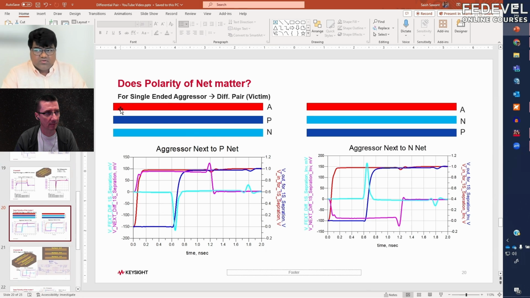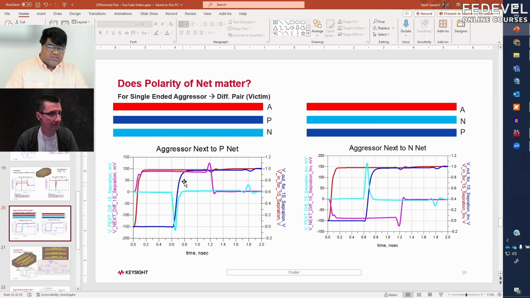Your red is that aggressor, the culprit, and you see a P and an N, the calm, quiet blue lines here. And what happens if the polarity of these nets is changed? In differential signaling, one is going high and the other is at low, and they swing together, right? So in the very first case, we see the signature as expected.